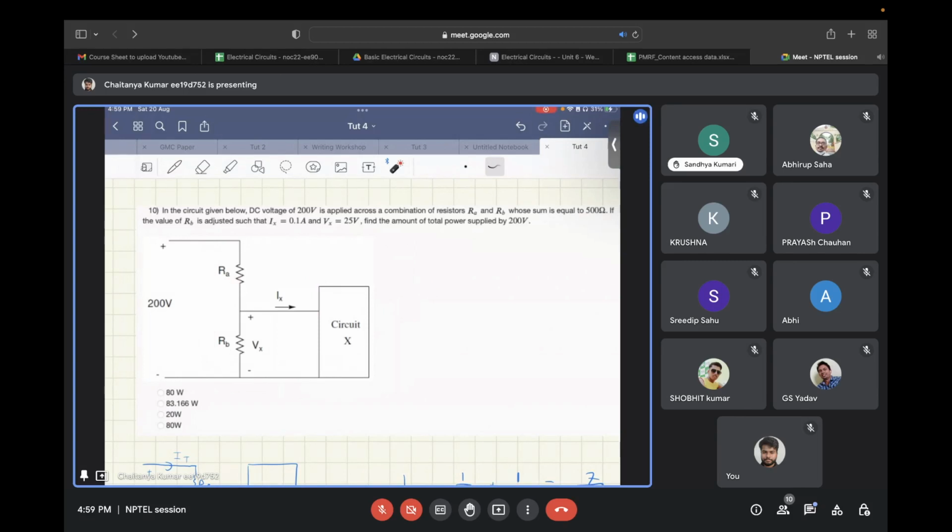It is mentioned that the value of RB is adjusted such that the current IX flowing inside circuit X is 0.1 ampere, and the voltage developed across this circuit is 25 volts. Then you need to find the total power that this 200 volt voltage source will be dissipating. So please try it out.